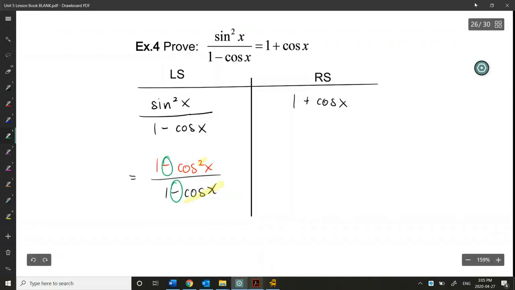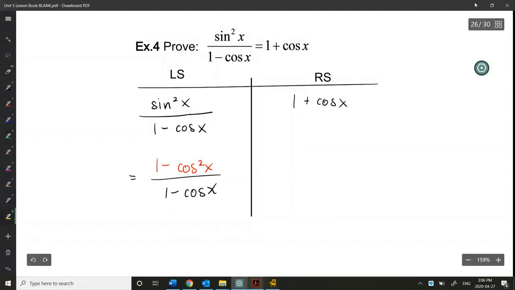Look what we have next to cos squared and cos x. I can't cancel individual terms in a rational expression if they're next to plus signs and minus signs, because I can't cancel individual pieces of a set of terms like that. So I can't cancel yet.